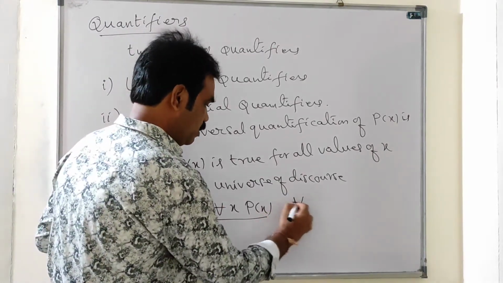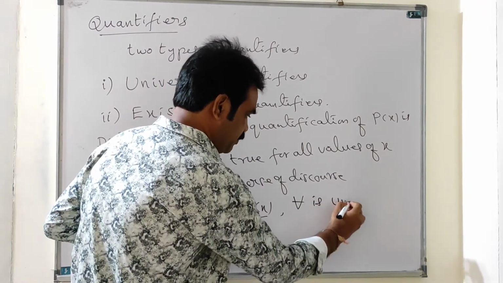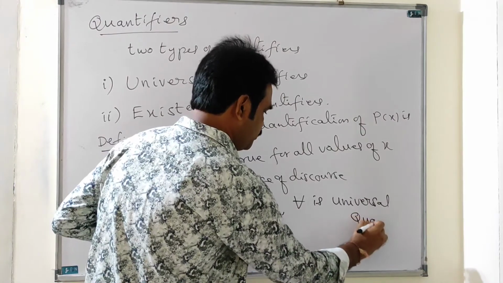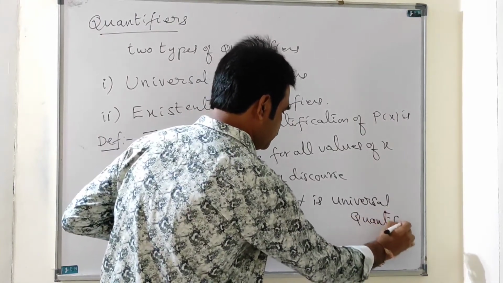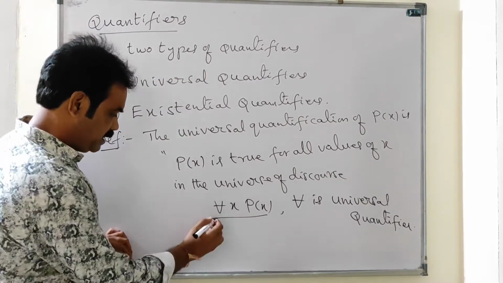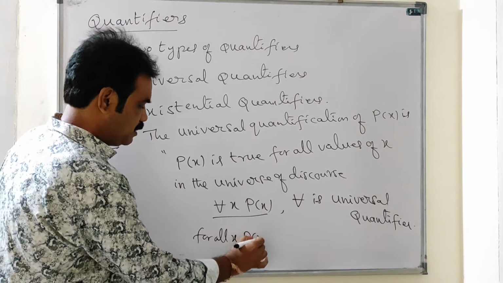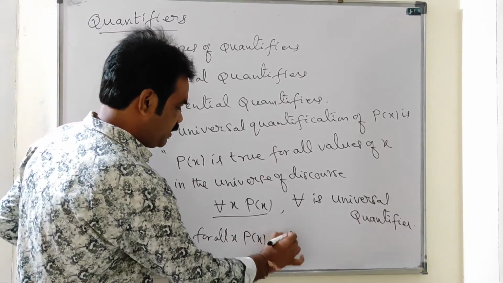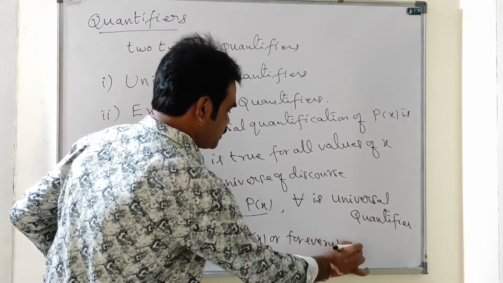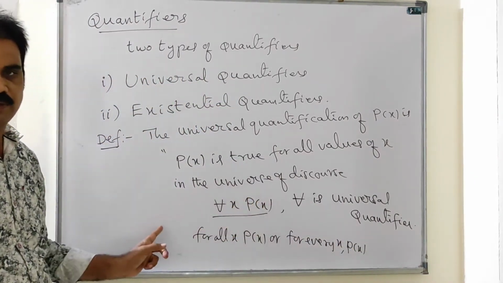Here the symbol for all is called universal quantifier. We read this as for all x, P of x, or for every x, P of x.